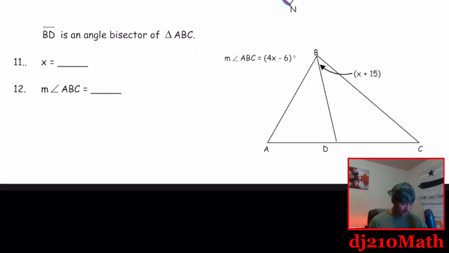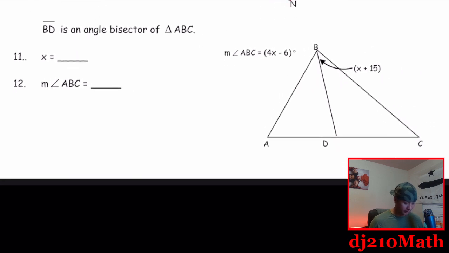Okay, 11 and 12. BD is an angle bisector of ABC. So these two angles are congruent to each other. They're the same measurement. So the arrow's pointing to one side. For instance, the black arrow is suggesting that this is x plus 15, which means this angle is x plus 15.